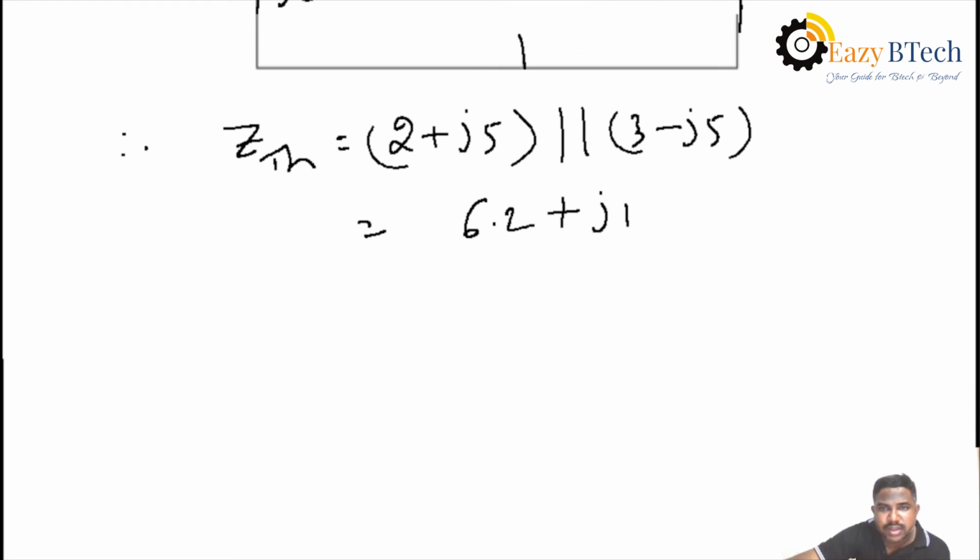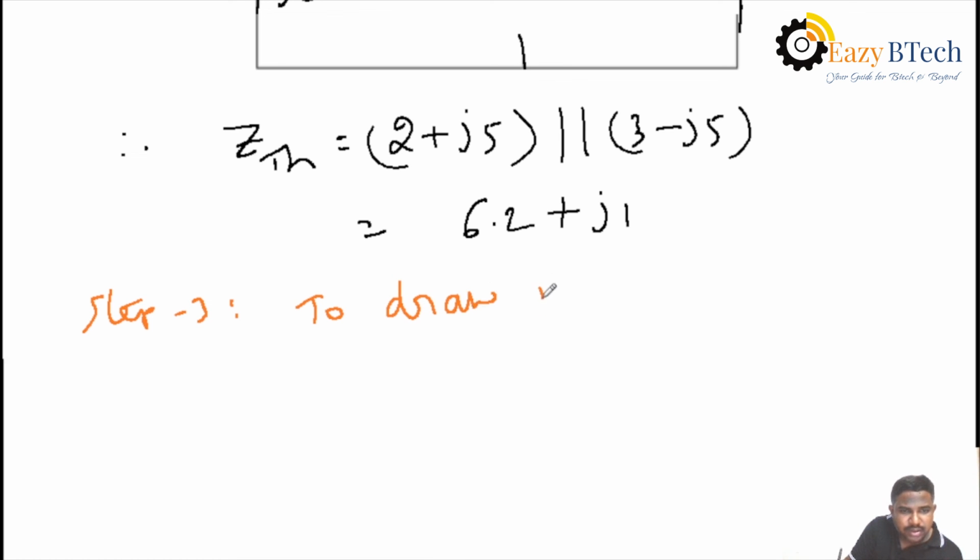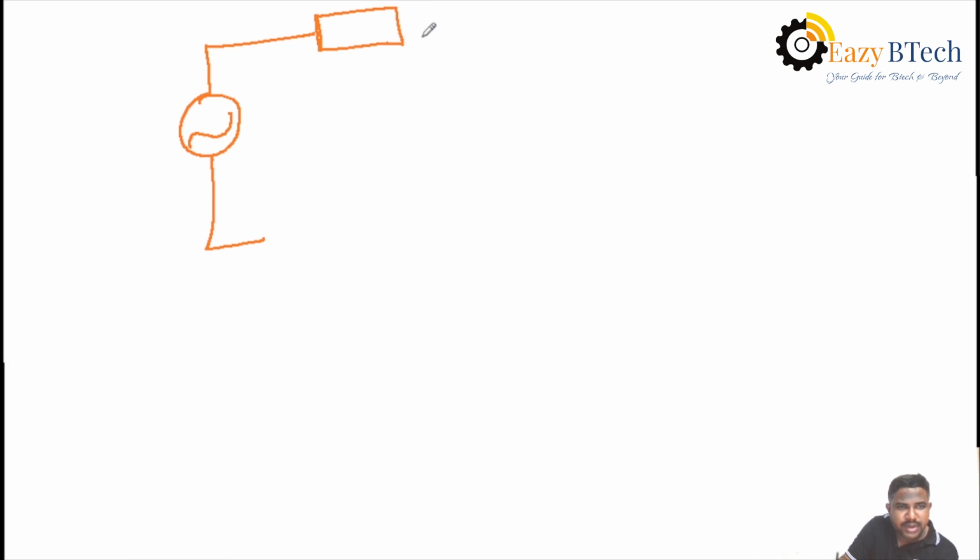After finding Thevenin's impedance value, what is the final step? You must draw the Thevenin's equivalent circuit. How to draw Thevenin's equivalent circuit? That is a voltage source, this is an AC source, connected with an impedance.